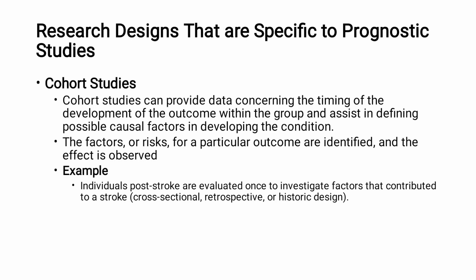So, research designs that are specific to prognostic studies. First one is cohort studies that provide data concerning the time of development of outcome. The outcome has not yet developed, we are concerned with it, and we will evaluate it in a timely manner within the group and assist in defining possible causal factors in developing that condition.